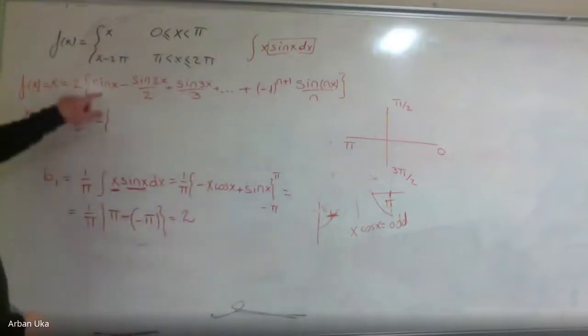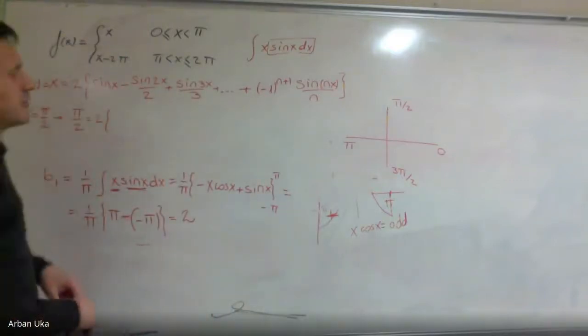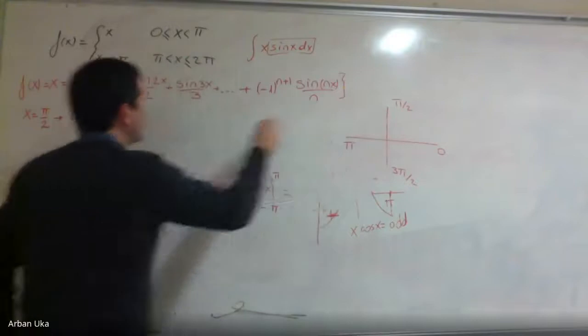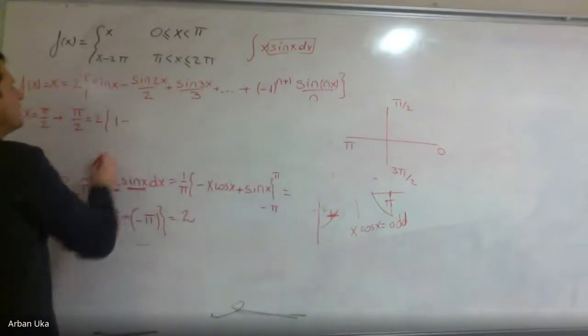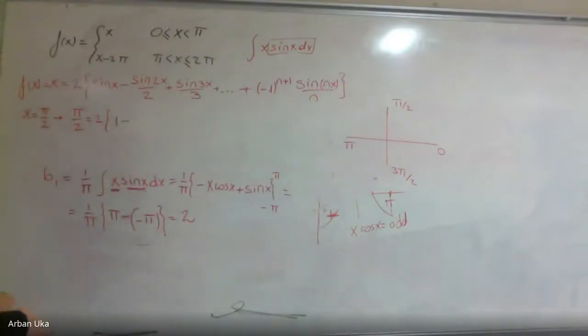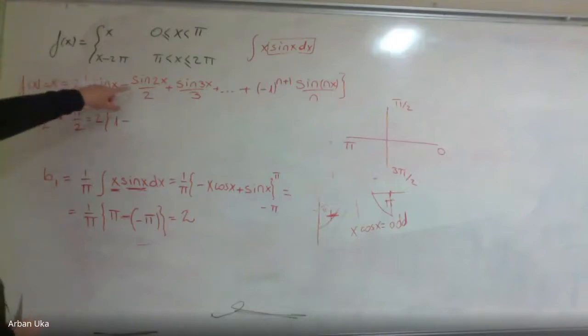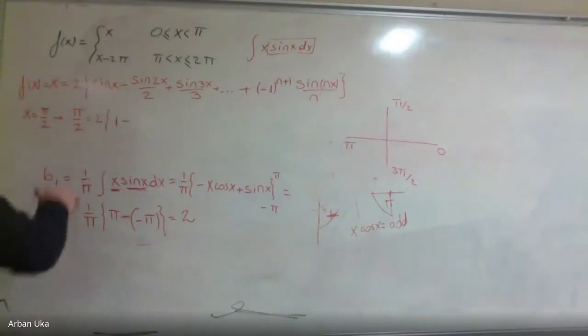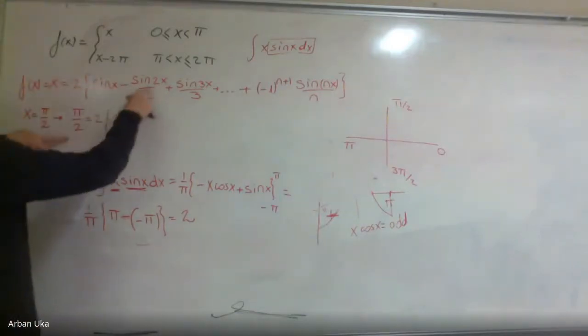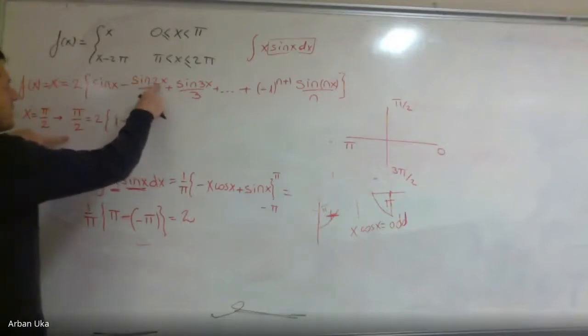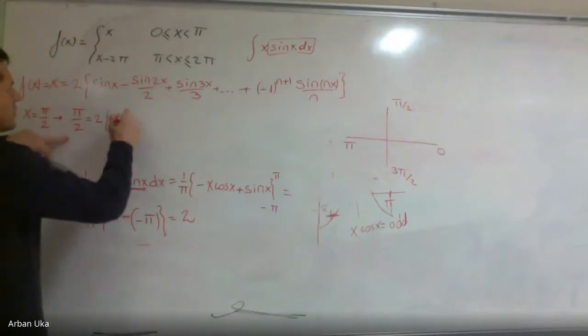So sine of pi over 2 is obviously going to be 1, minus sine 2x, which is sine pi, equal to 0, so this term is gone.